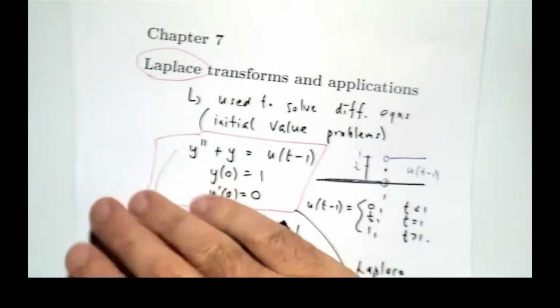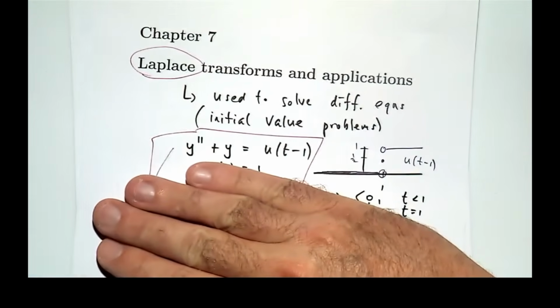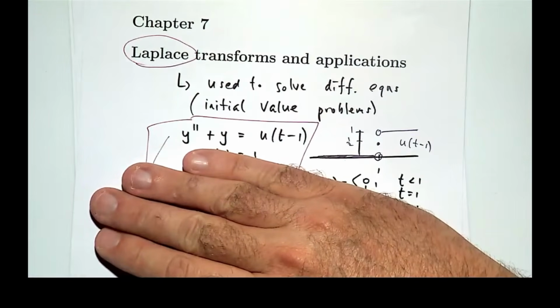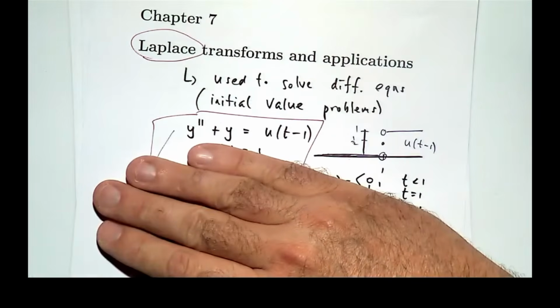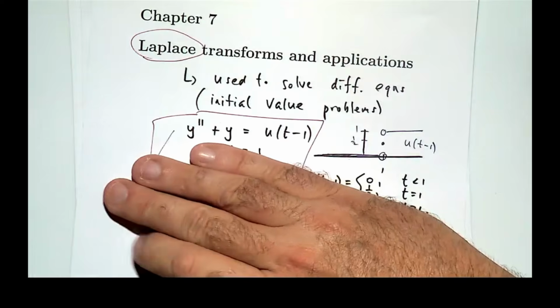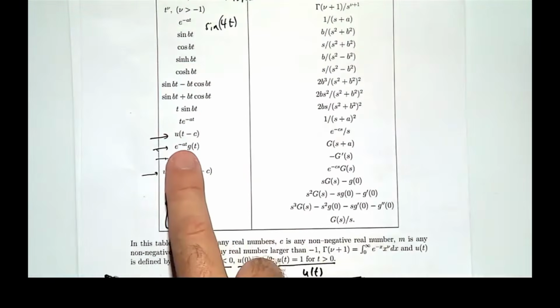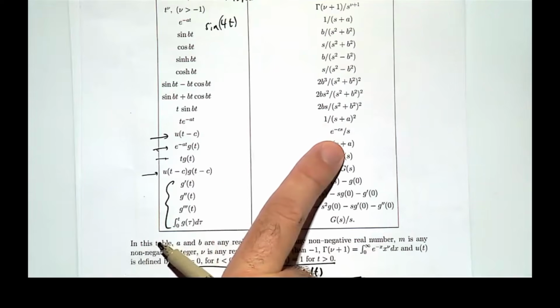Going back to my previous problem, if I took the transform of both sides of that differential equation, so here and here and here, I'd have to know the Laplace transform of u of t minus 1, okay? This gives us a way of computing it. Now, if you're ever unsure where these things come from, you can always just use the original definition at the top of the table, right? It's an integral and you multiply and you integrate, okay?